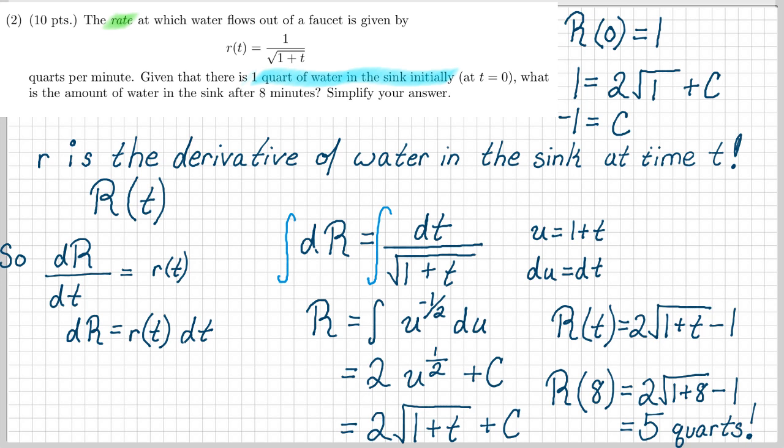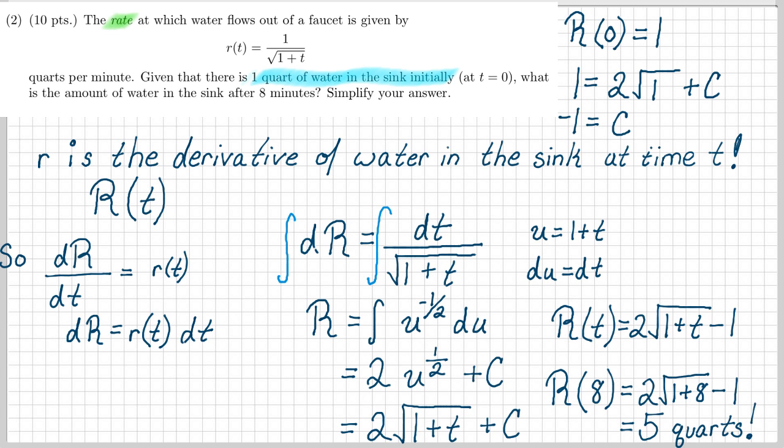So, are we clear that lowercase r is a derivative? Because that's the real thing. We want to remember that lowercase r, the expression given to us, was a rate. So that's like telling us how fast we're going, or I guess how fast we're going is really the only derivative that I've internalized.